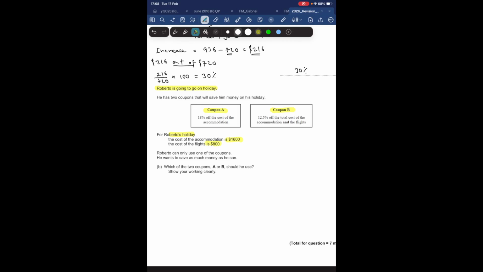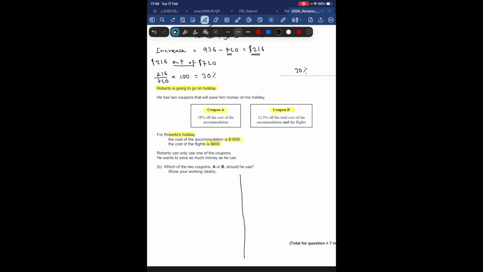We have to work out which coupon will give you the best value for money, coupon A or coupon B. This is a multi-part question, so I'm going to separate it by drawing a column line.